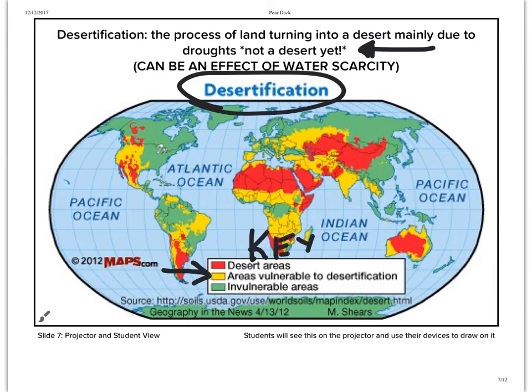The red are areas that are already desert. The green are areas that we're not worried about. Yellow are areas that are going through this process of desertification, and it's possible that if it continues to be a problem and they don't get enough rainfall or water, they're going to become a desert.